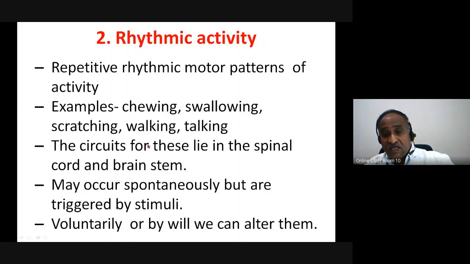Then these circuits are governed by the midbrain circuits, wherein these particular actions are monitored or refined. Then cortical circuits will try to have a voluntary break or make. That means they will try to initiate, or they may try to stop. So there are three levels of the circuitry.